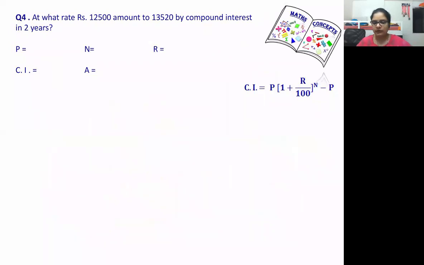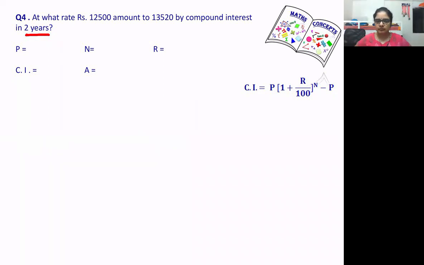Next example. We'll do this example and then we will take the homework, okay? This is simple. It's 2 years, so it's going to be square, okay? When you want to find out compound interest, always look at the number of years so that you will know what power is there. At what rate will rupees 12,500 amount to?